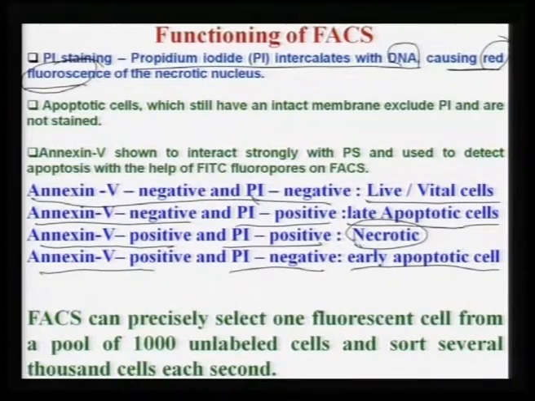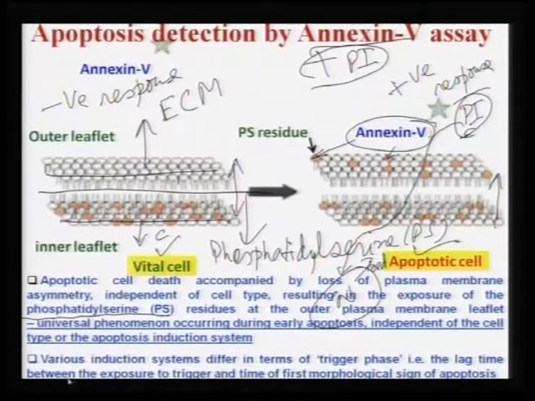If we go back to this one, it is what I said. If both annexin 5 and PI are negative, then cells are live cells, no confusion at all. If annexin 5 is negative, PI is positive, that means cells are going through the early apoptotic stage.